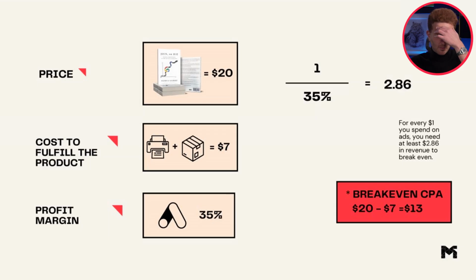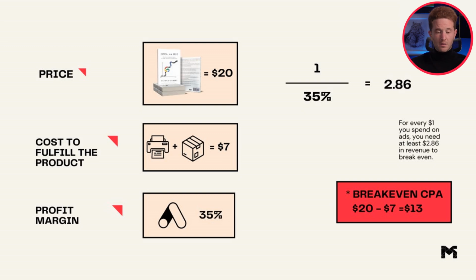Here's an example. Very similar to the example I just gave. You have a $20 book. Your cost to fulfill the product, the printing and the shipping, is $7. You walk away coming out with $13, right? Remember, break-even CPA is $13. 20 minus 7 is 13. That gives me a 35% margin. Now, how do I get to 35%?